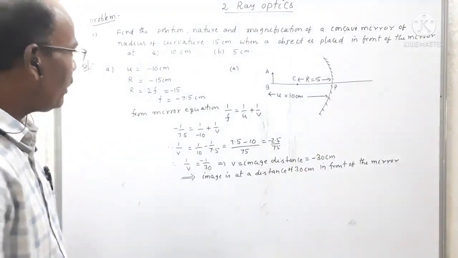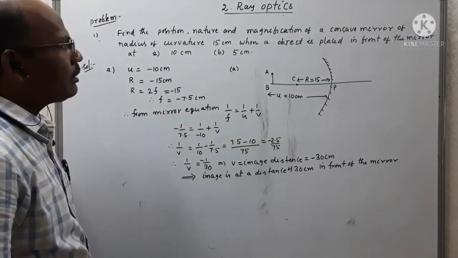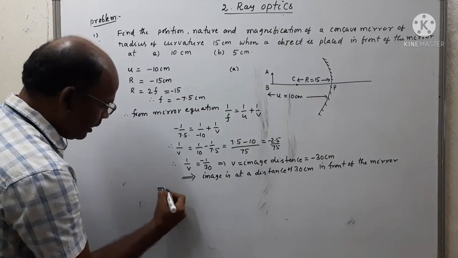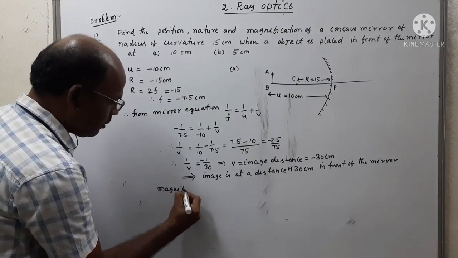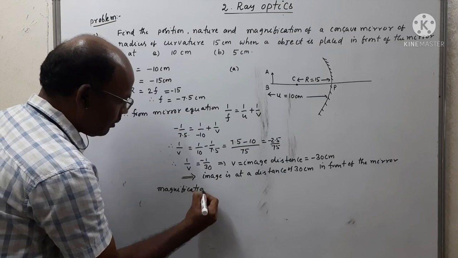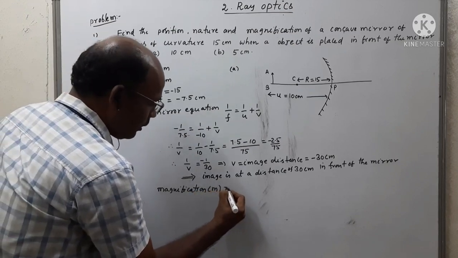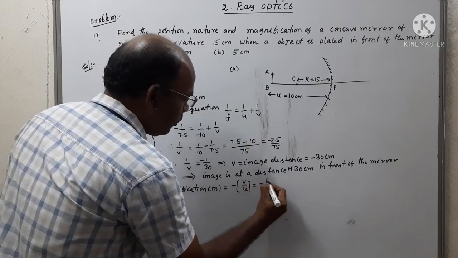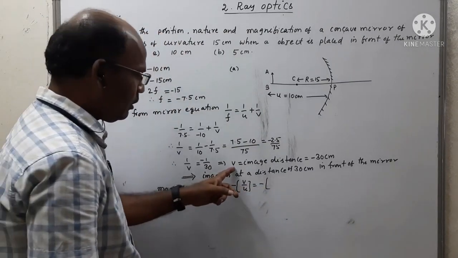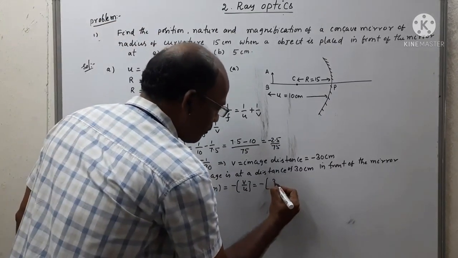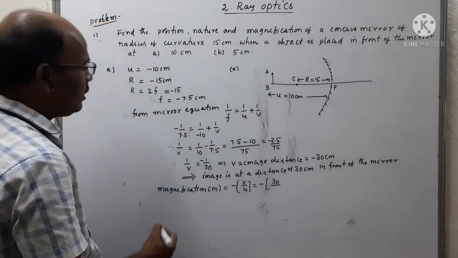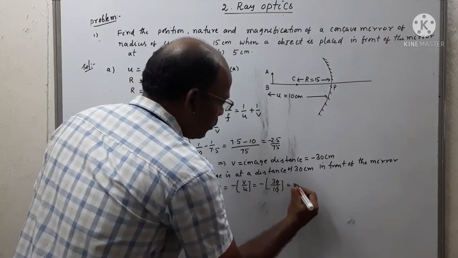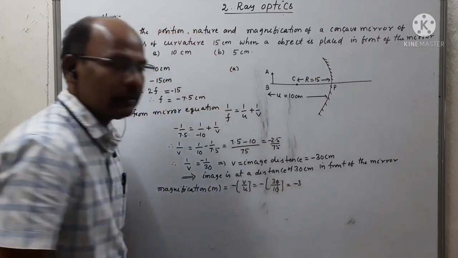So what is the magnification of the mirror? Magnification m is equal to minus v by u, that is equal to minus of v, which is 30, by u, which is given as 10, so that is equal to minus 3.